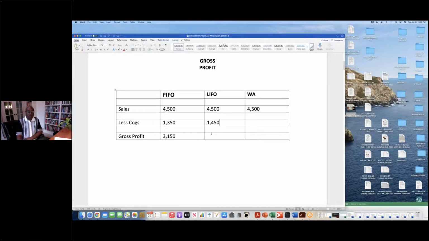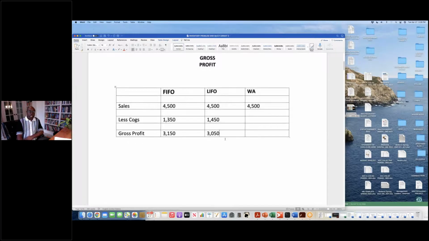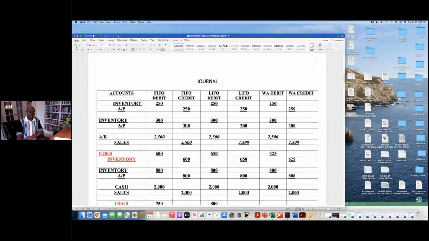So what's our gross profit on the LIFO now? 3,050. So with the rising prices, LIFO is always going to have a higher cost of goods sold and a lower profit. Now we need to go to weighted average.